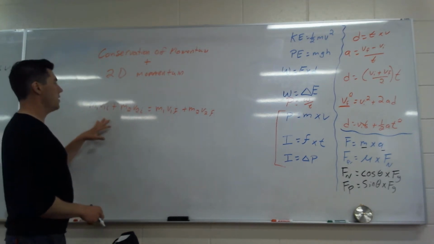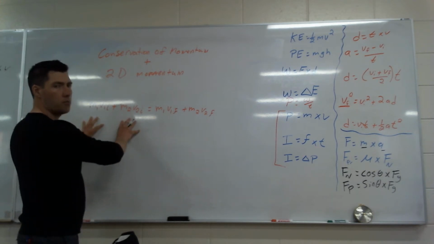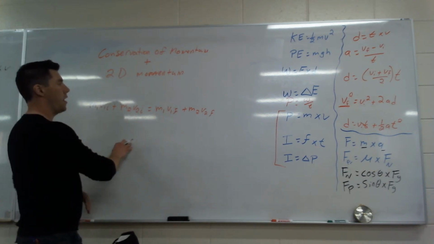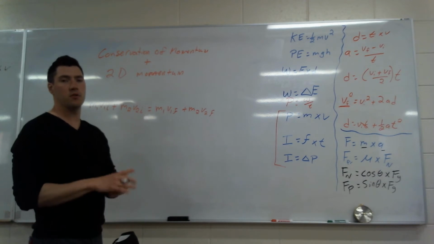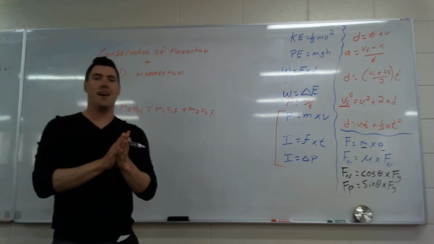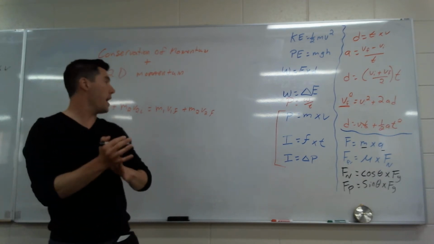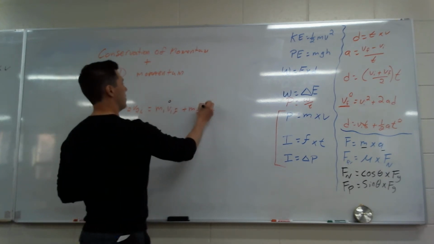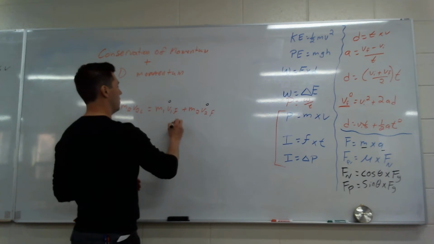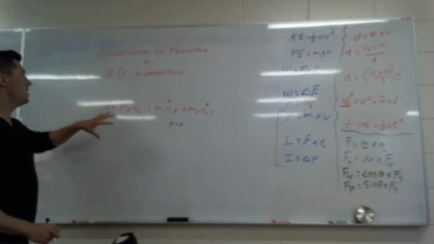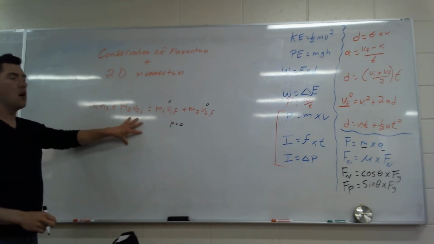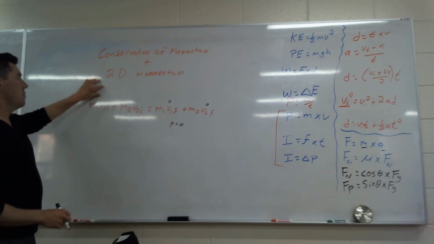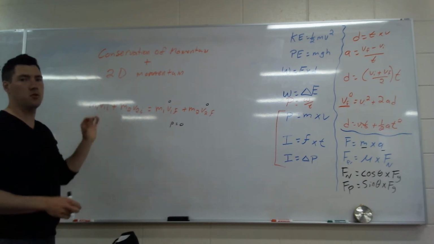Let's say two different objects collide and their velocity becomes 0. So two people hit each other, collide, and end up with a velocity of 0 at the end. If both final velocities are 0, that means my net momentum at the end would be 0, which means these two need to cancel out. Whatever momentum 1 is, momentum 2 has to be the opposite, which means negative.